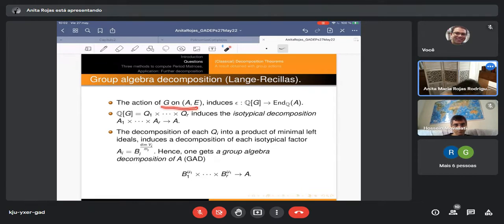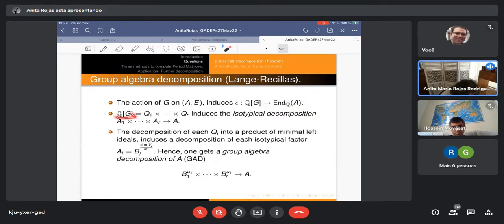When you have a group action on the abelian variety, it induces a morphism from the group algebra over the rationals to the endomorphism algebra of the variety tensor Q. And with that, you can transport the known facts about this algebra, which is a semi-simple algebra, to the endomorphism algebra of the variety and to the variety itself.